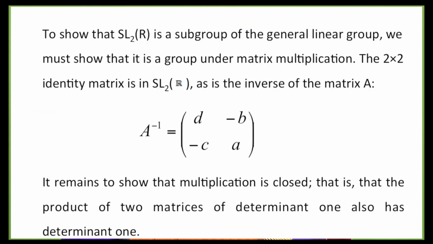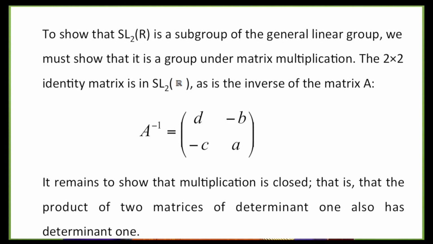To show that SL2R is a subgroup of the general linear group, we must show that it is a group under matrix multiplication. The 2 by 2 identity matrix is in SL2R, as is the inverse of the matrix A, A inverse equals the matrix (d, minus b; minus c, a).